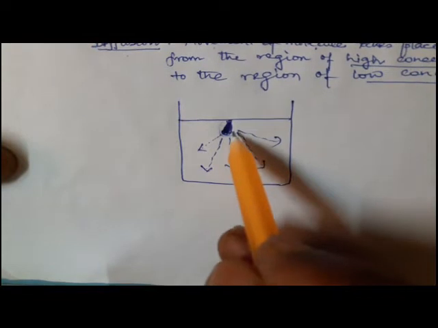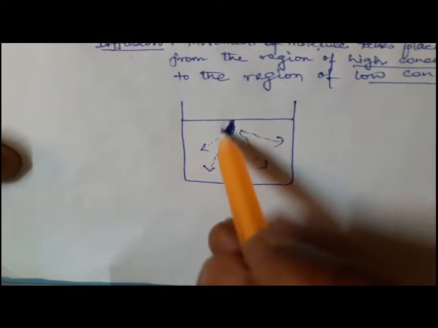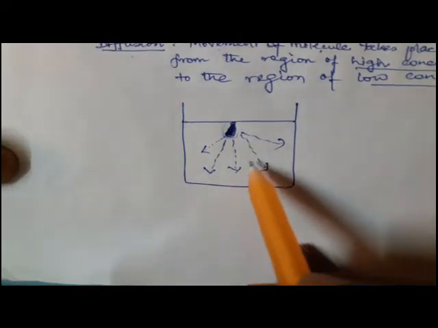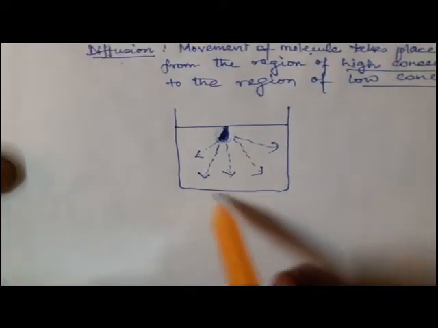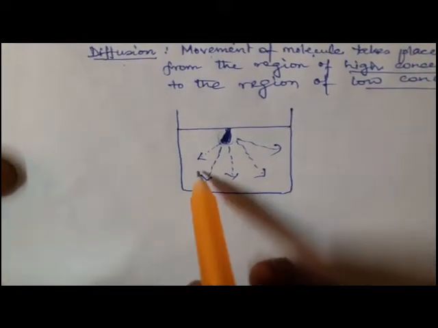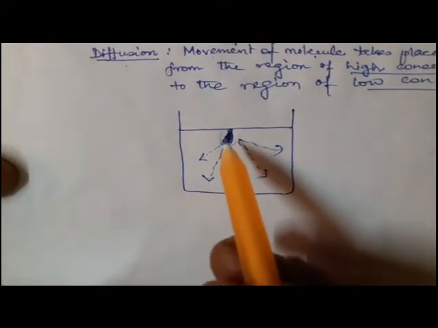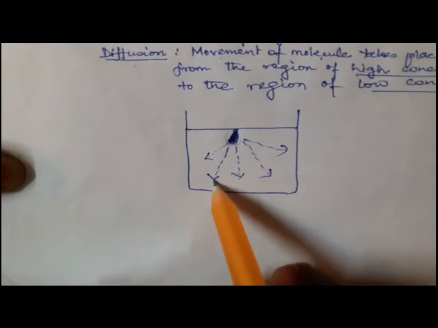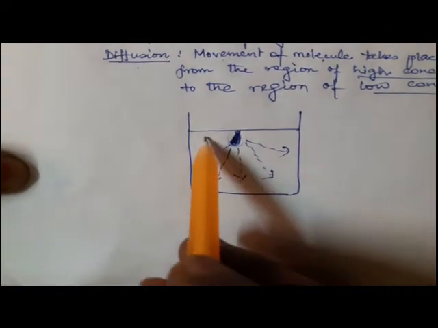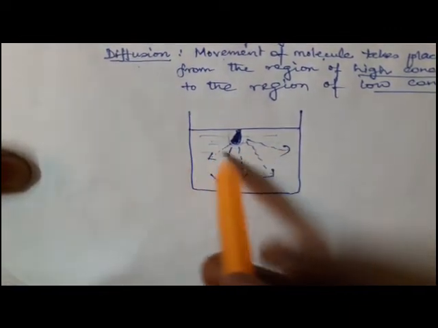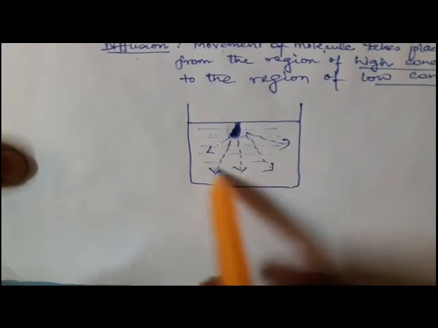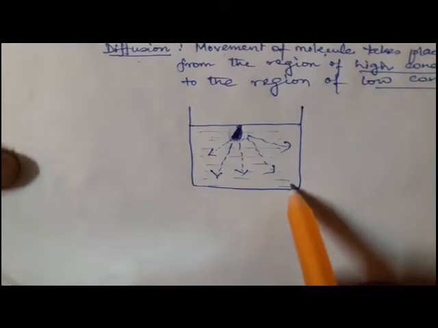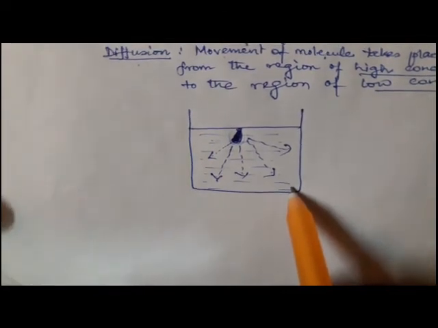So what is happening? Highly concentrated molecules at one particular region are moving towards low concentration, because in here there is no ink present. So it is happening from high concentration to low concentration, right? And ultimately we will see that the entire beaker is turning a little bit bluish in color. That is how diffusion occurs.